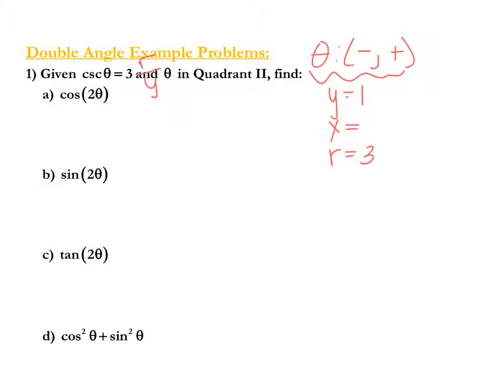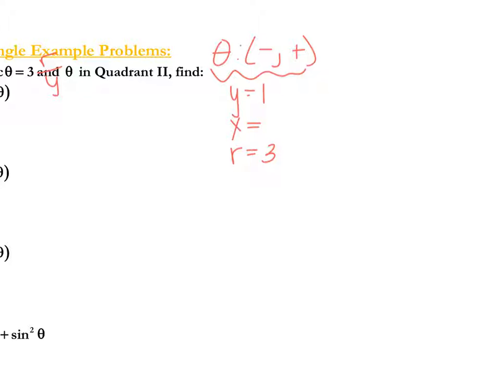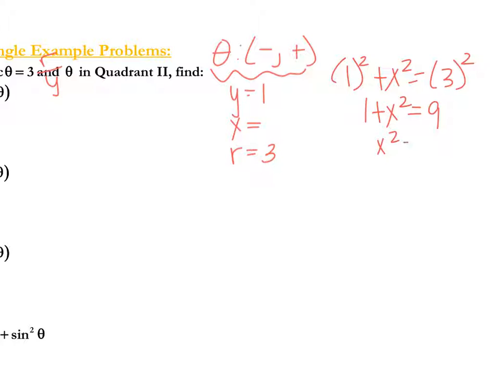So this is not a Pythagorean triple, so I'm going to have to use the fact that x squared plus y squared equals r squared to find x. So 1 squared plus x squared equals 3 squared. We subtract the 1 from both sides, and we get x equal plus or minus 2 root 2.